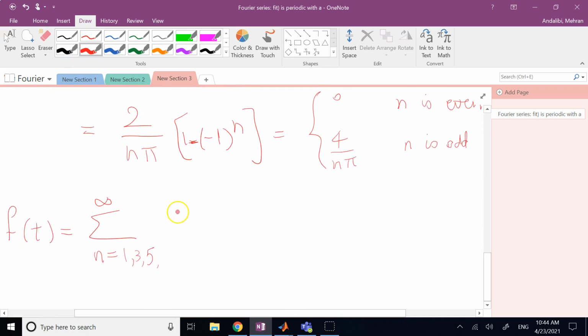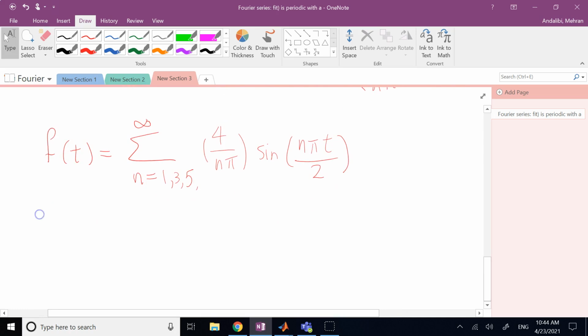And when that's the case, this is going to be 4 over n pi times sine of n pi t over T, and capital T is 2, so you write it this way.